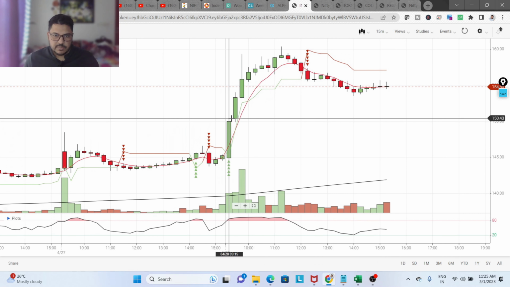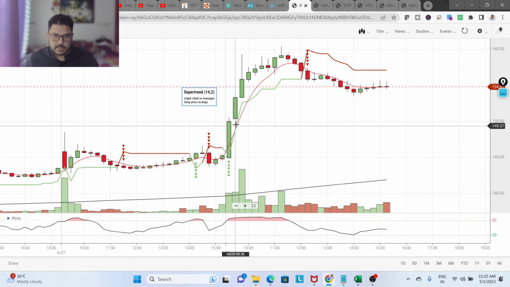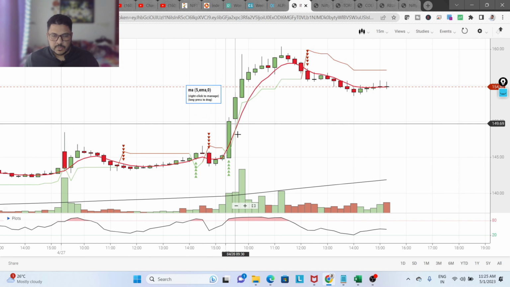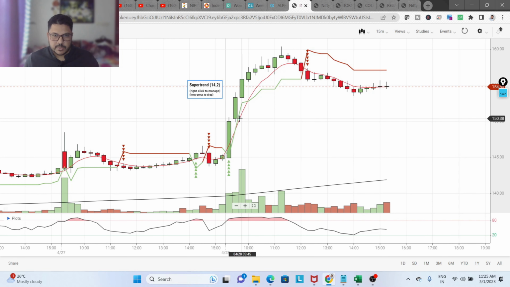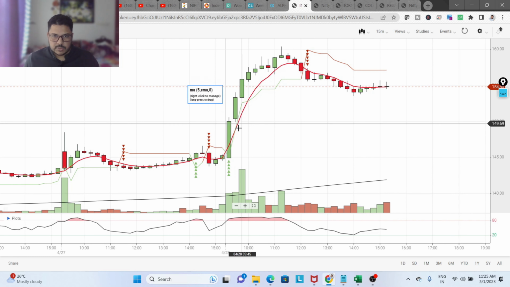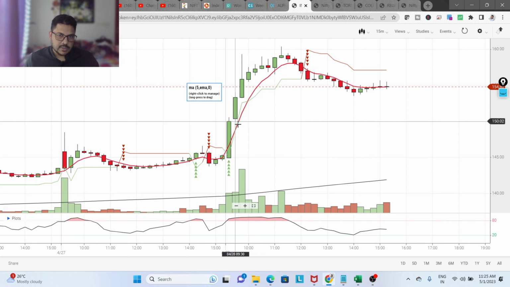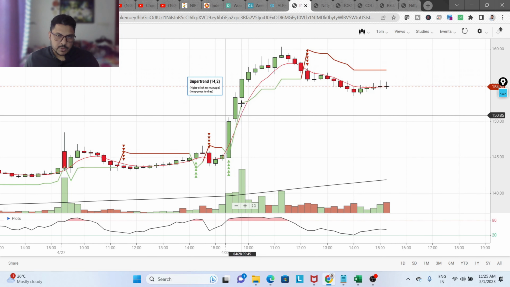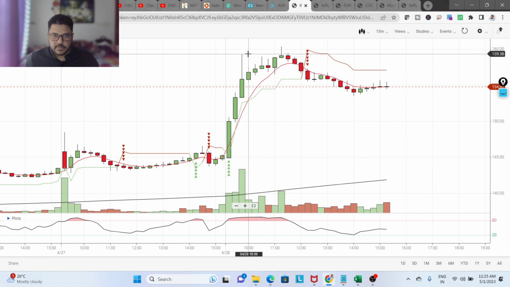The first 15 minutes candle should close above the Supertrend. Once it closes above the Supertrend is when you take the entry. 150 is the entry, and your stop loss will be the Supertrend. The difference in points will be the value you should take. So 150 you bought, and it went up to 159, 160, and you exited.